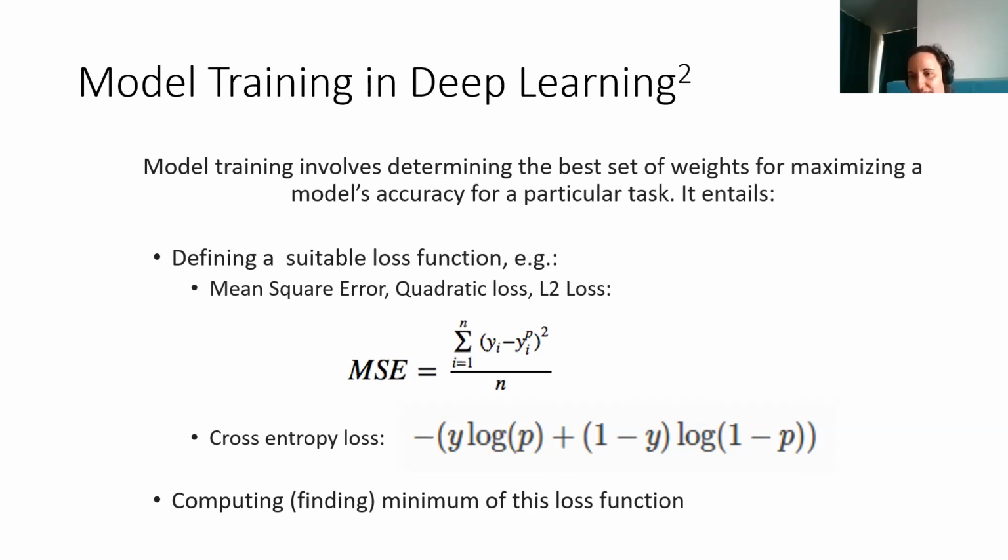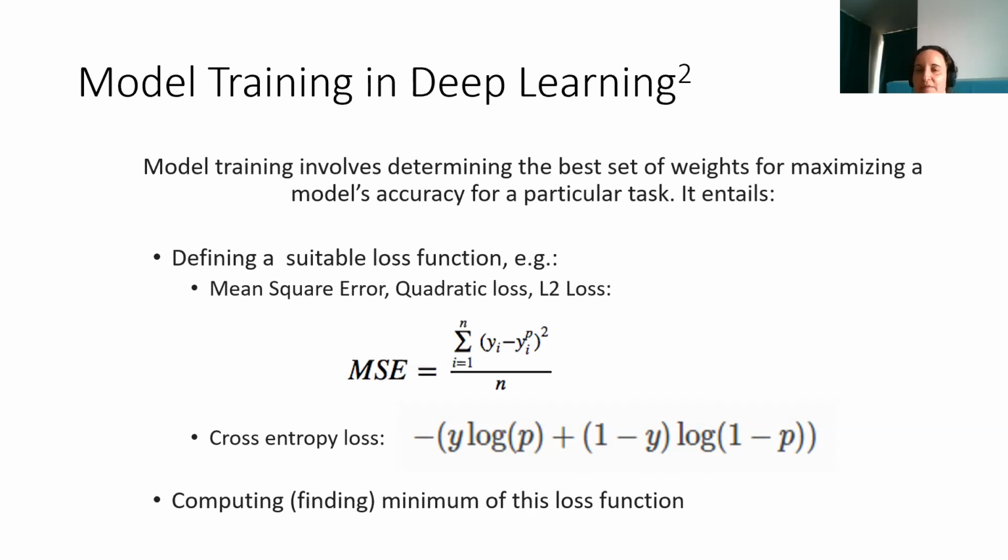Once you define this function, as you see, it is a function of all the parameters, because the predicted value, Y_P, is produced by the model, and the model is a function of all your parameters.